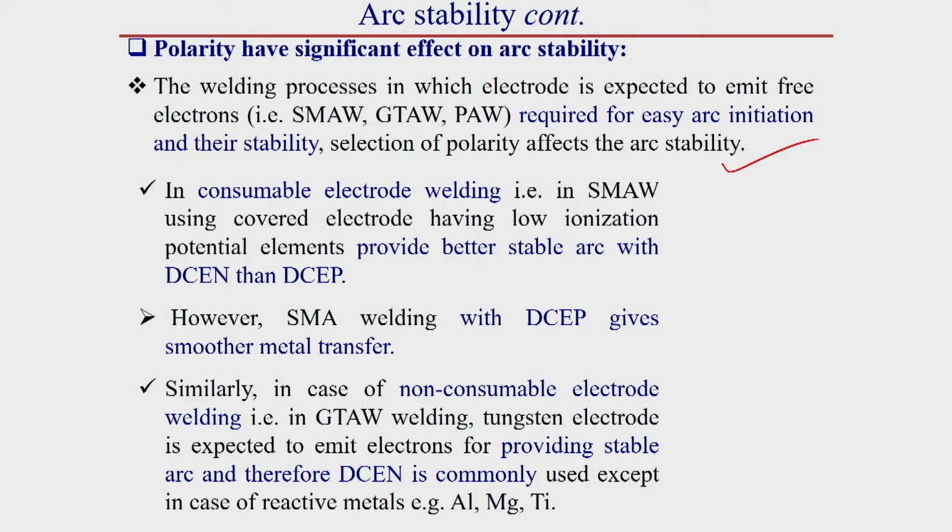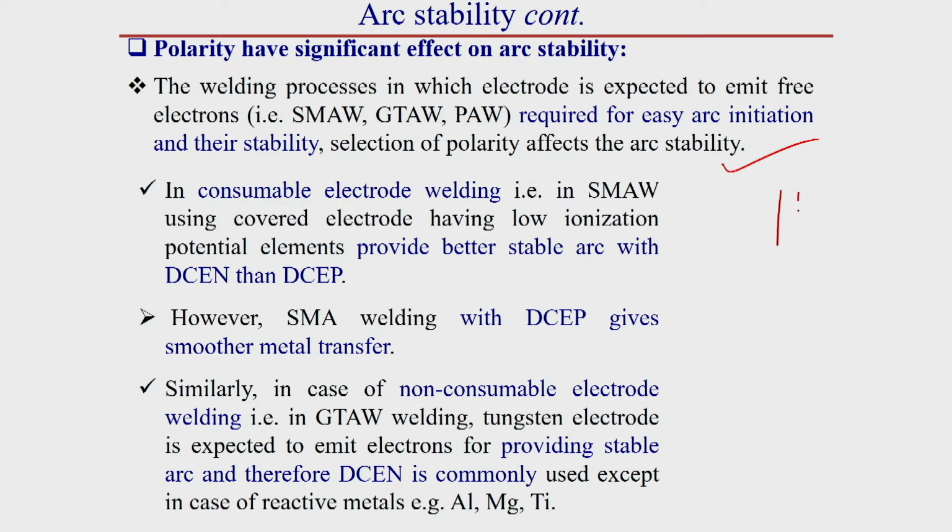But always negative is not good. Though it is good for arc stability, sometimes DCEP also is required. That means the electrode positive terminal also sometimes is required, because electrode positive has some other good effects, though it does not help arc stability. That also we should know, and I will tell you in detail.